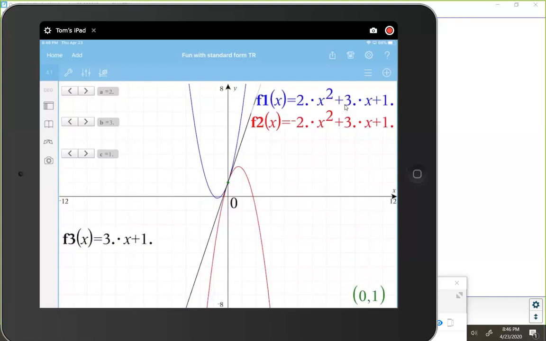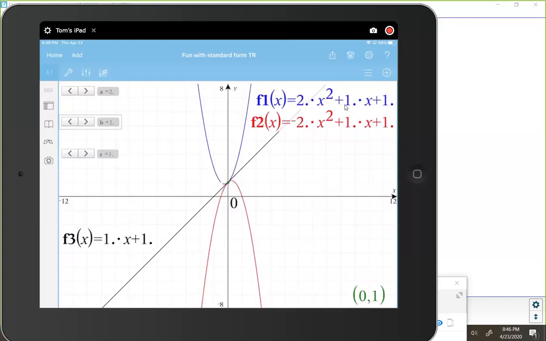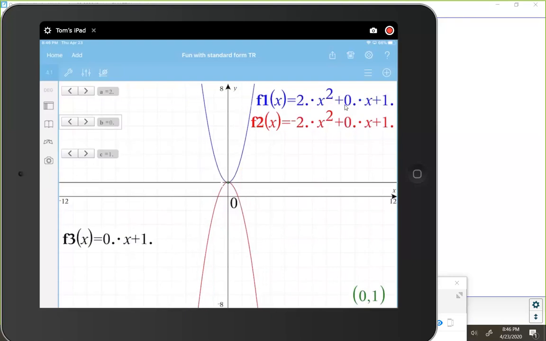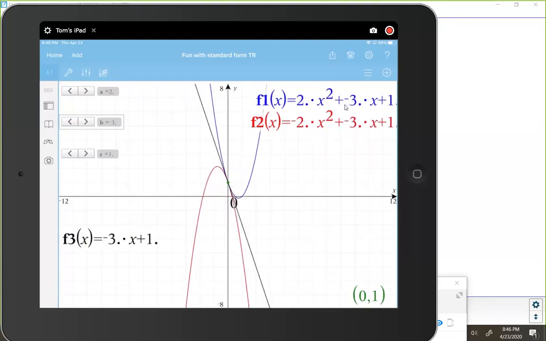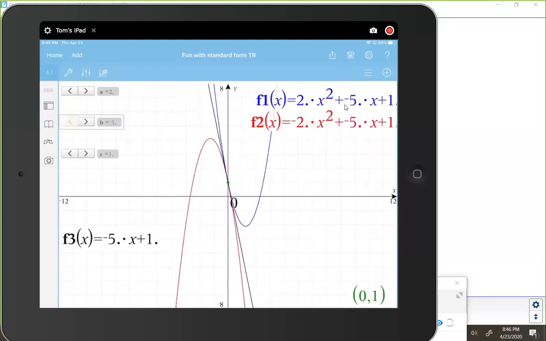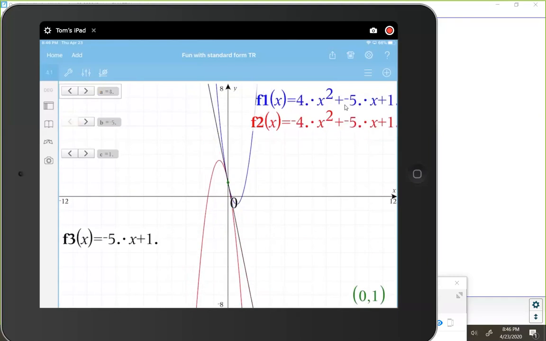And here's the dynamic algebra. Here's the part I love. Watch how when I change b, look at what's going on there. And when b is 0, notice we've got the vertex right there on the y-axis. This is just beautiful mathematics. a doesn't seem to do a whole lot, and c just shifts up or down.